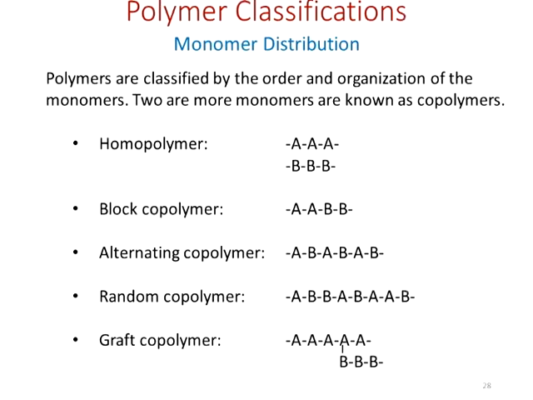Polymers are classified by the order and organization of the monomers. Two or more monomers are known, again, as a copolymer. So the homopolymer: you could have AAA or BBB or CCC. Then you might have what's called block copolymers, in which you would have the monomer units of A together and the monomer units of B together. That would be called a block copolymer.